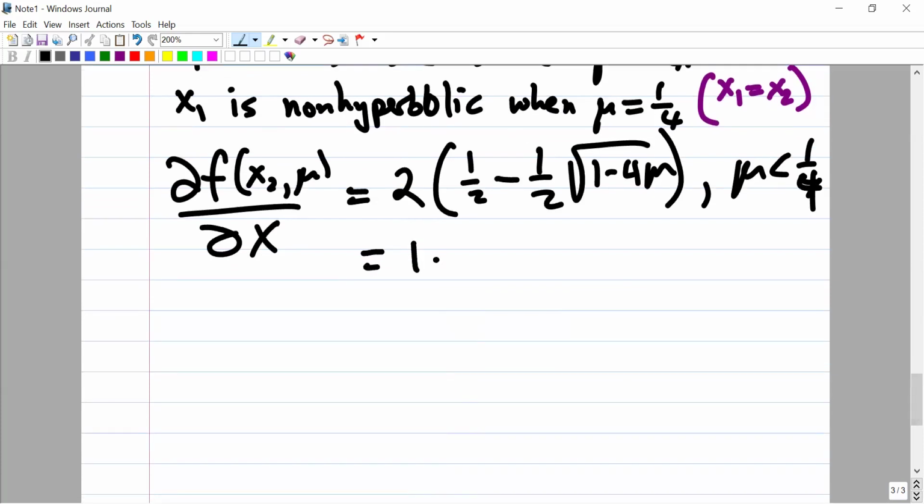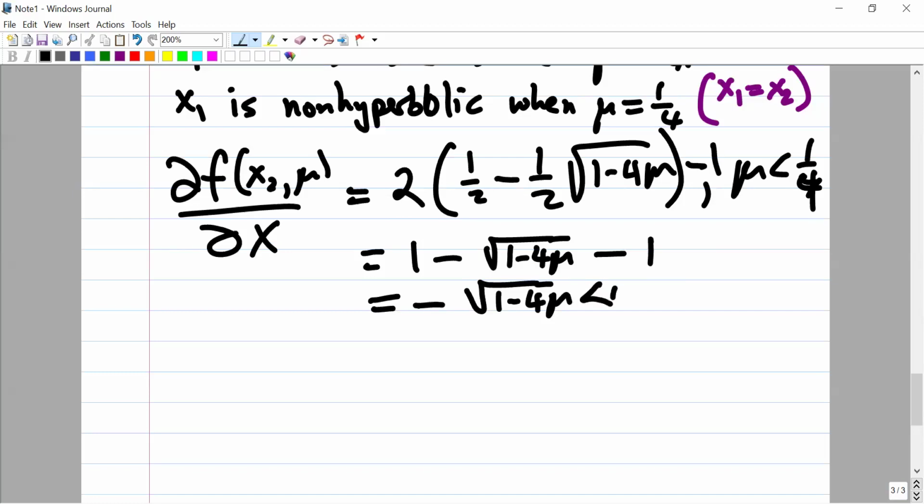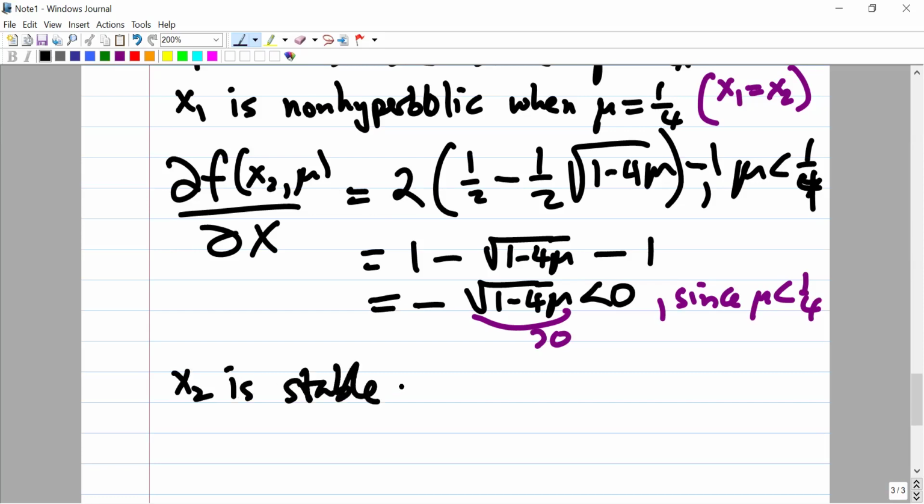So this is 1 minus the square root of 1 minus 4 mu, minus 1, which is minus 1 plus 4 mu. Because this is less than 0, since this one is already greater than 0, when mu is greater than 1 over 4.